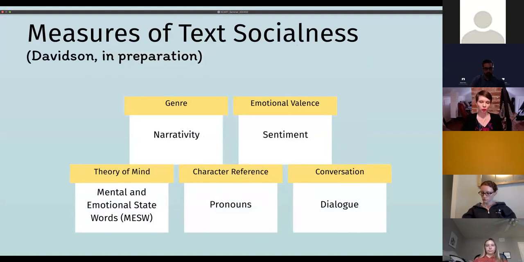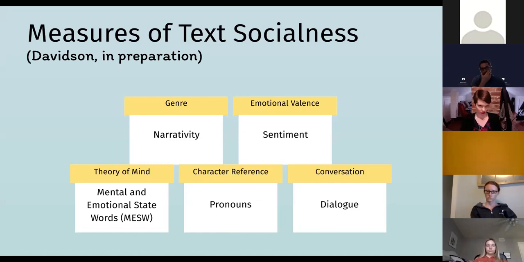So genre is one way to capture these differences between texts, but I am currently working on a paper that has looked at how we actually measure how much social information is contained in a text, something I refer to as text socialness.